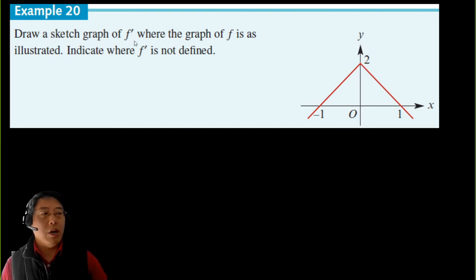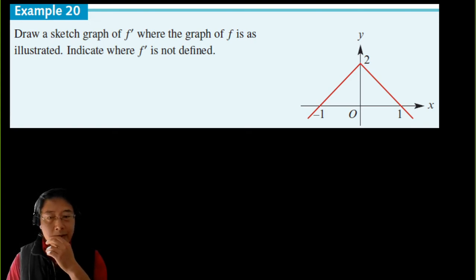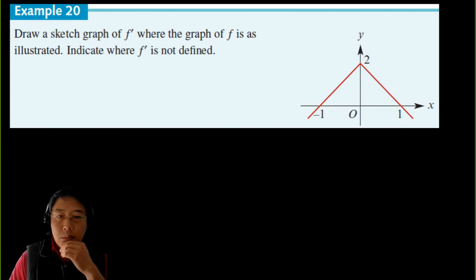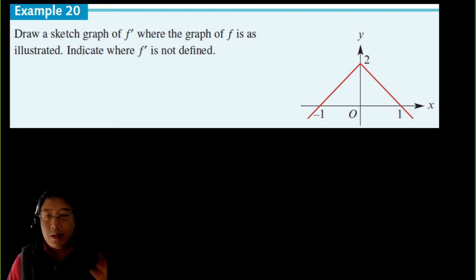Draw a sketch graph of the derivative of f when the graph of f is illustrated here, and indicate when f prime is not defined. Okay, so I'll just give you a minute. Try to jot down the graph of the derivative, and I'll get to the answer in a minute.